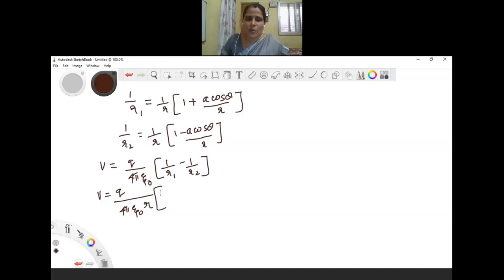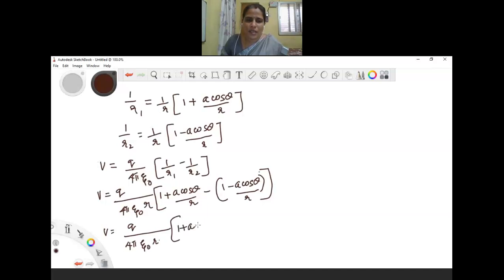We have 1 plus a cos theta divided by R, minus 1 minus a cos theta divided by R. So this equation will become V is equal to Q divided by 4 pi epsilon naught R into 1 plus a cos theta divided by R minus 1 minus a cos theta divided by R. So this plus 1 and minus 1 get cancelled.